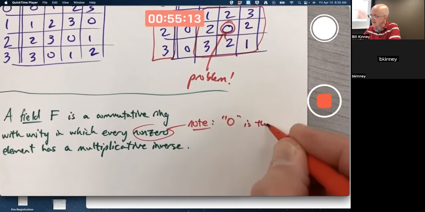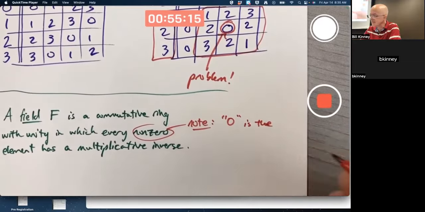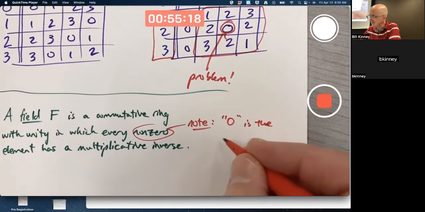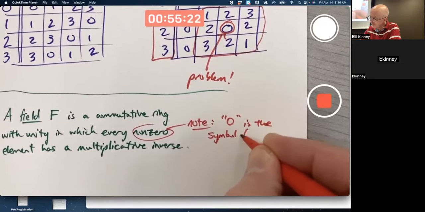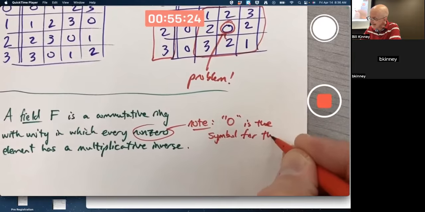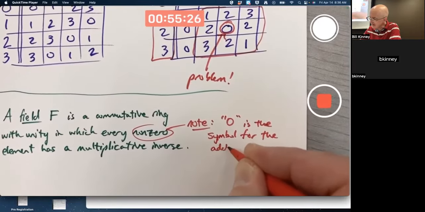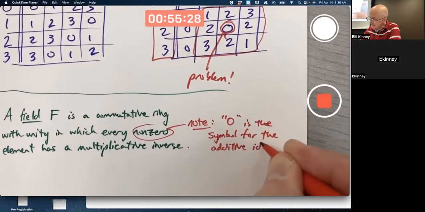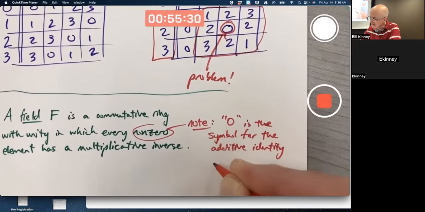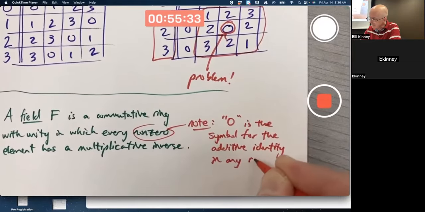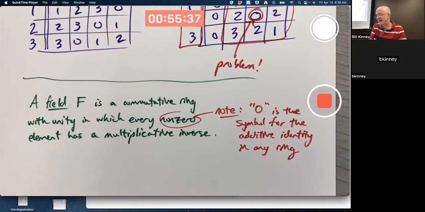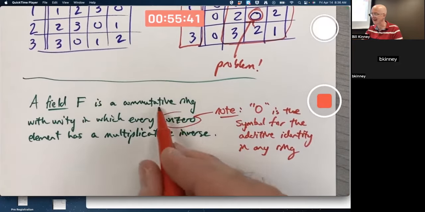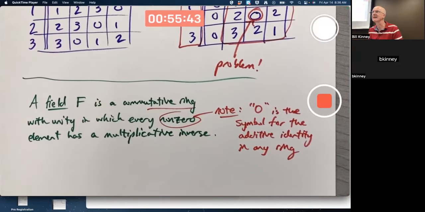It's the symbol for the additive identity in a ring. So I haven't officially even defined ring yet, but here I am defining field in terms of ring. I've hinted at the definition of a ring.